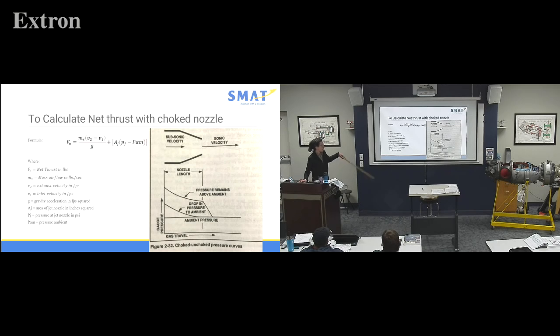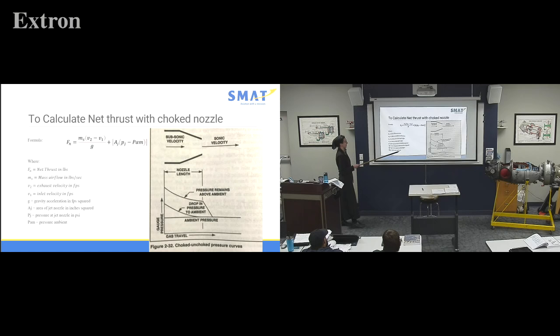So there is a formula to calculate net thrust with a choked nozzle. Mainly, appreciate that the engineers do this for you, and you don't have to be calculating that. But again, you'd have to figure out your mass airflow, and this part should look familiar: exhaust velocity, inlet velocity, gravity acceleration.